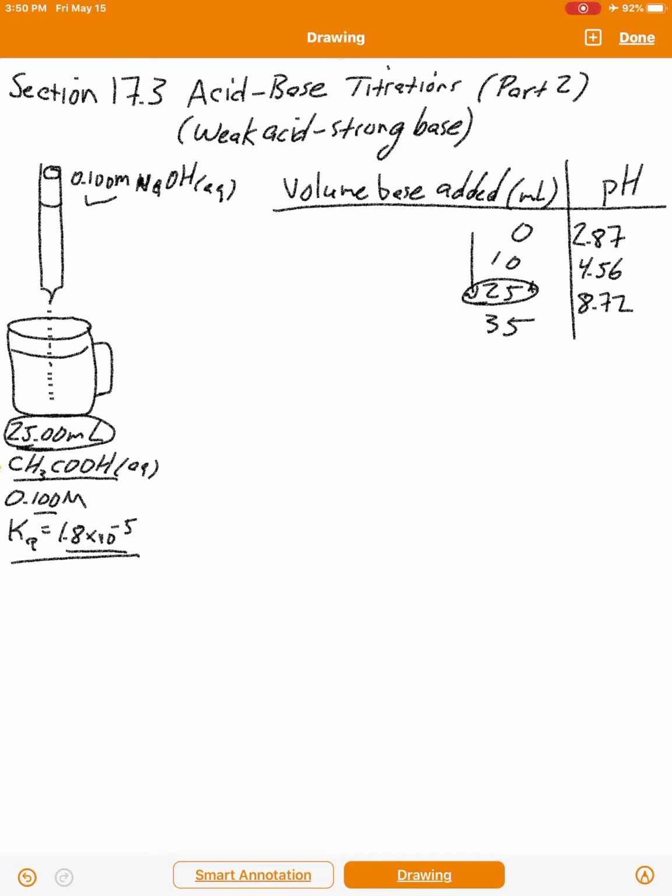So we know that we had 2.50 millimoles of acetic acid. How many millimoles of sodium hydroxide are we adding if we add 35 now? It'd be 35 milliliters times 0.1 moles per liter, so that would be 3.5 millimoles.